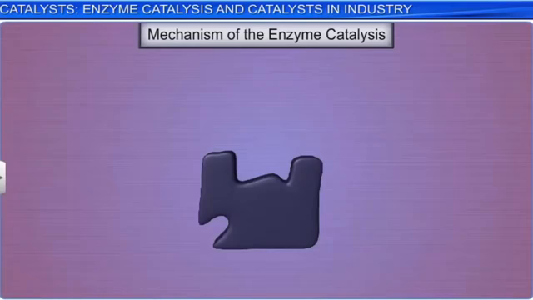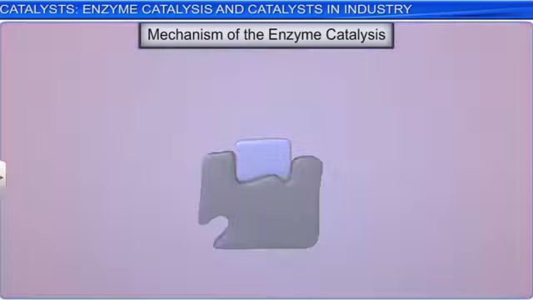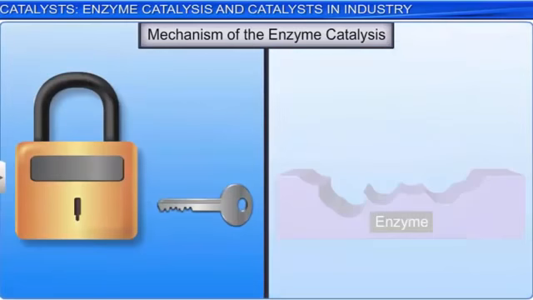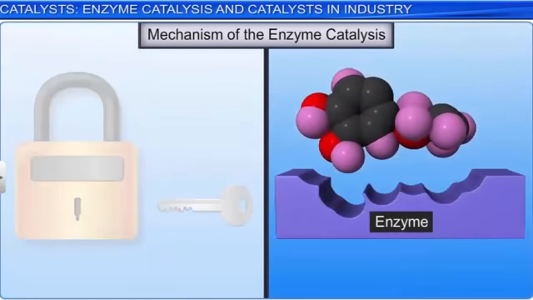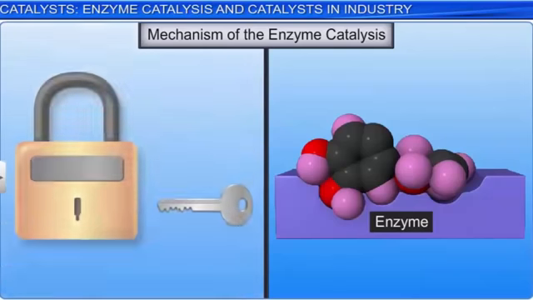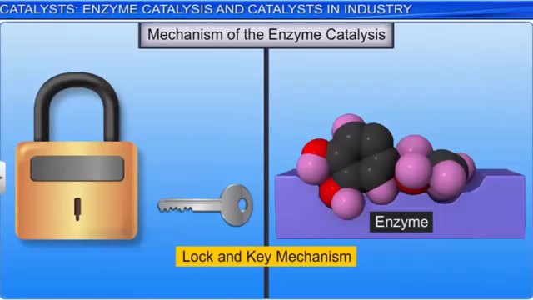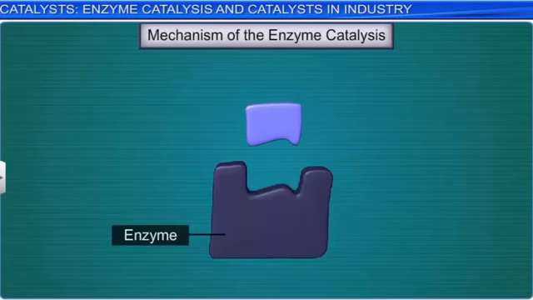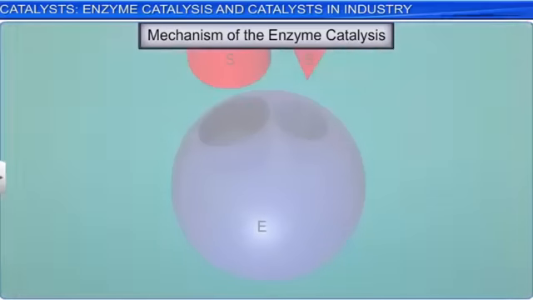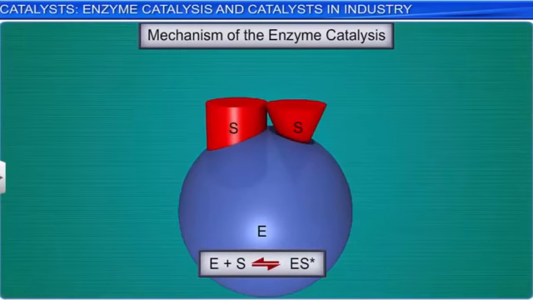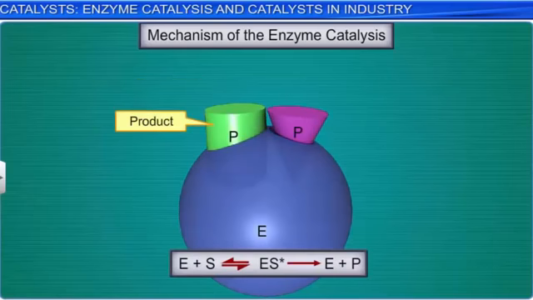Just as only a particular key can fit into a specific lock, only a specific substrate can fit into a particular enzyme. Hence, the mechanism is known as the lock and key mechanism. This specific binding leads to the formation of an enzyme-substrate complex. When bound to the active site, the substrate is converted into the product.